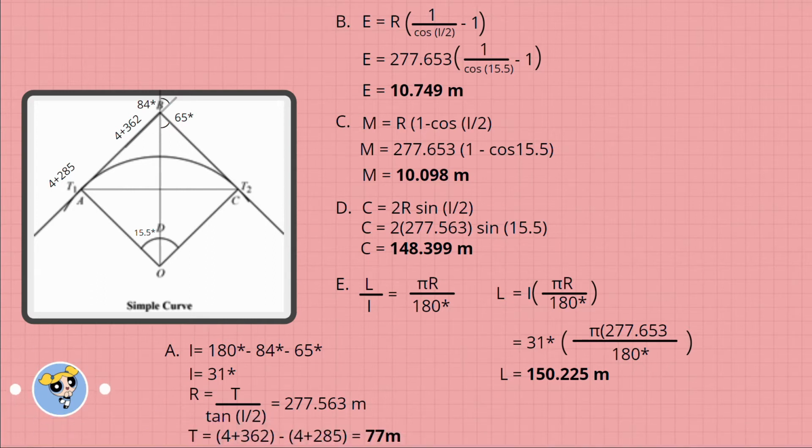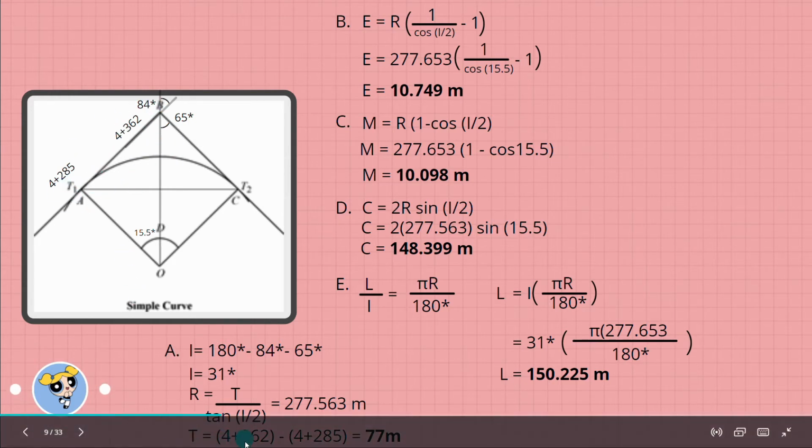Therefore, this will be our value for I over 2. For our tangent line, since we have the given stationing, 4 plus 362 and 4 plus 285, this is what we will use. So T is equal to 4 plus 362 minus 4 plus 285. We get an answer of 77 meters.